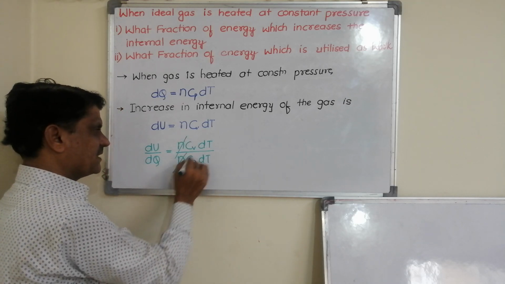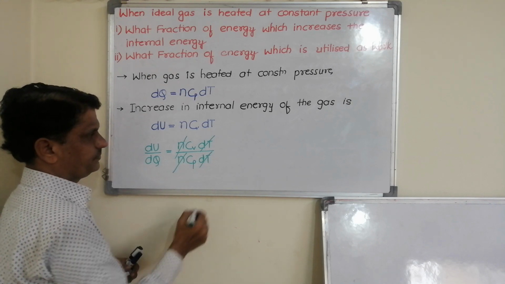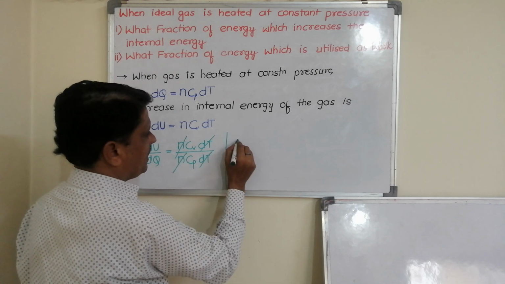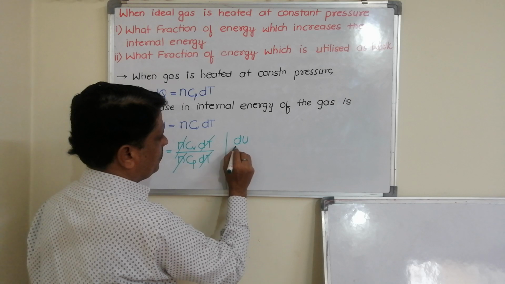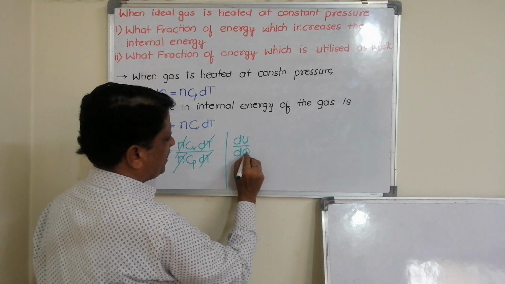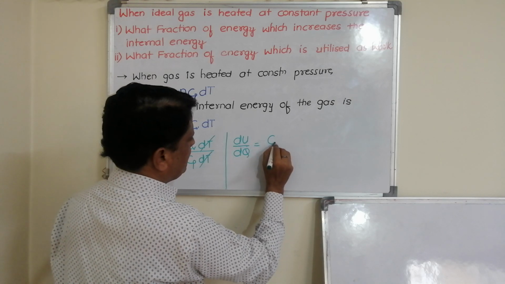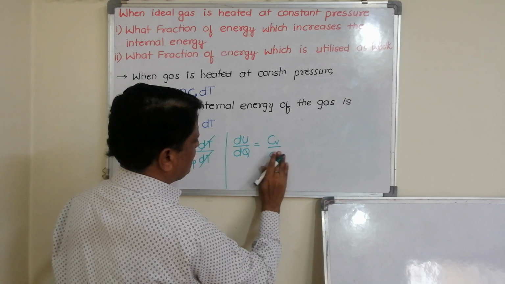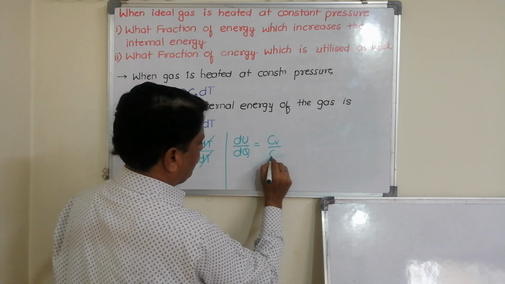Here n cancels, dT cancels. So we can write dU by dQ as Cv divided by Cp.